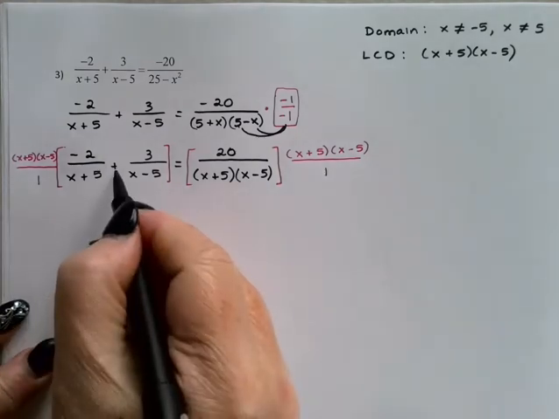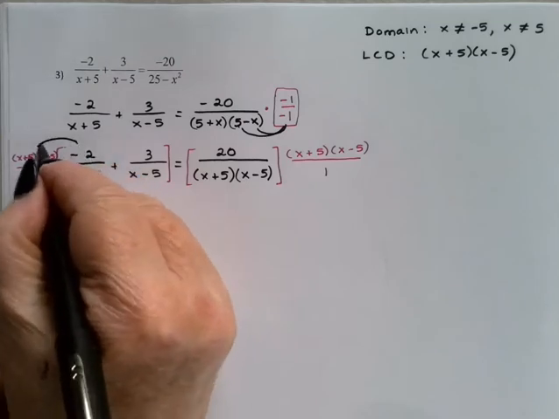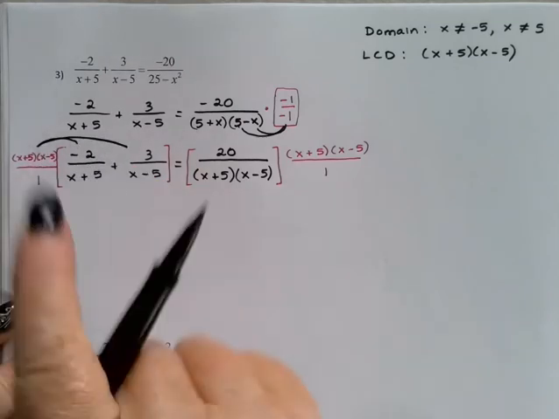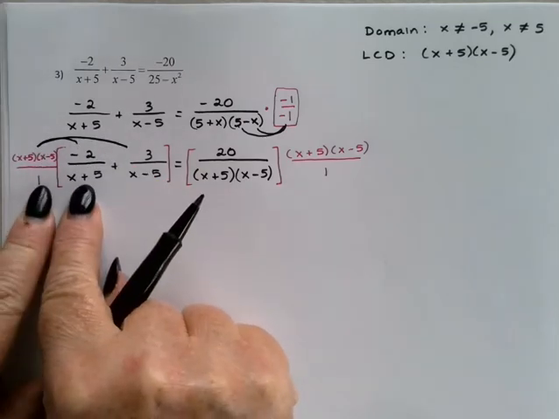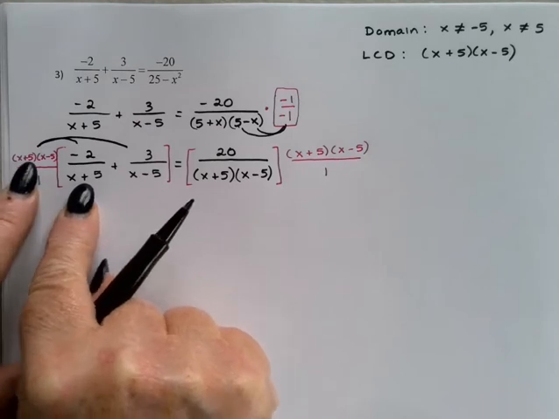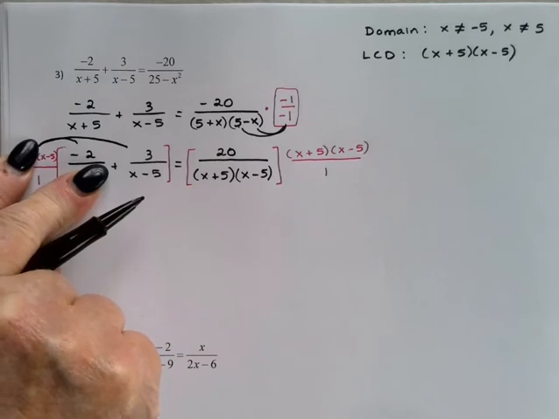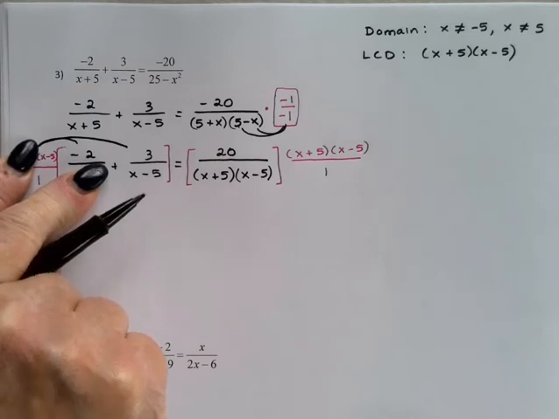On the left side, I've got the two terms, so I'm going to have to distribute this. When I distribute to the first fraction, the x plus 5 factors will divide out to 1, so I can get rid of those, and I'll just have -2 times x minus 5.